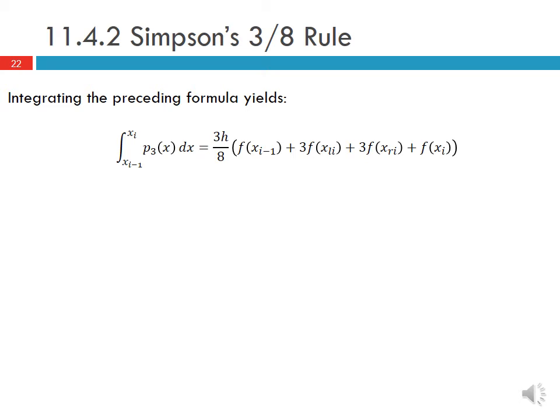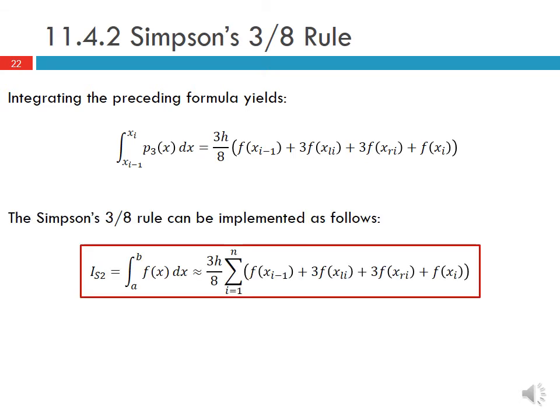This is the approximation of our integral for one interval. To find the approximation of our integral over the entire domain, we just add up the areas of all those intervals, as shown here.